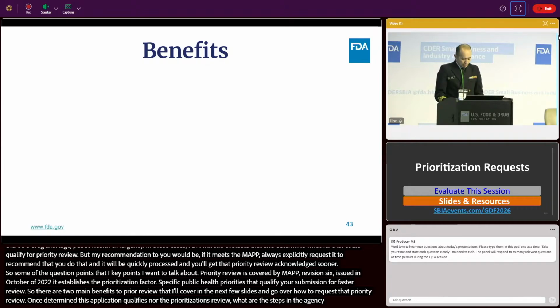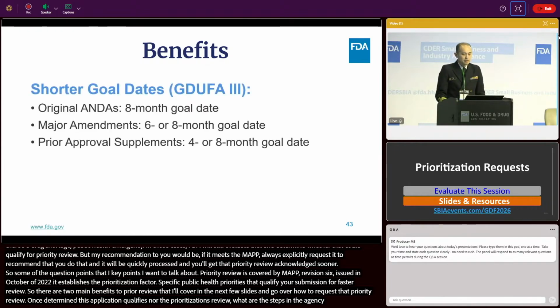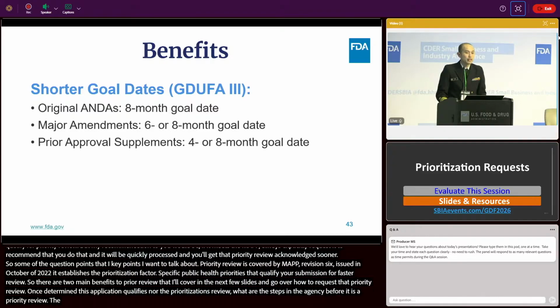So the two main benefits, the first option, which is the best option, would be the shorter goal date. So according to GDF 3, for an original ANDA, it would qualify for an 8-month goal date versus a 10-month, which is the standard review process.